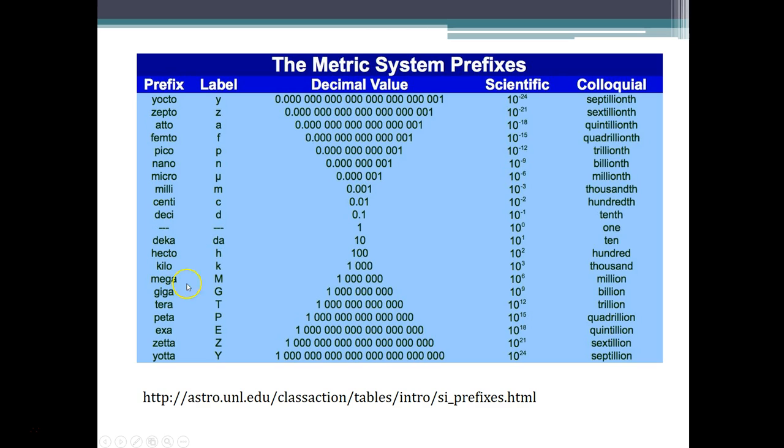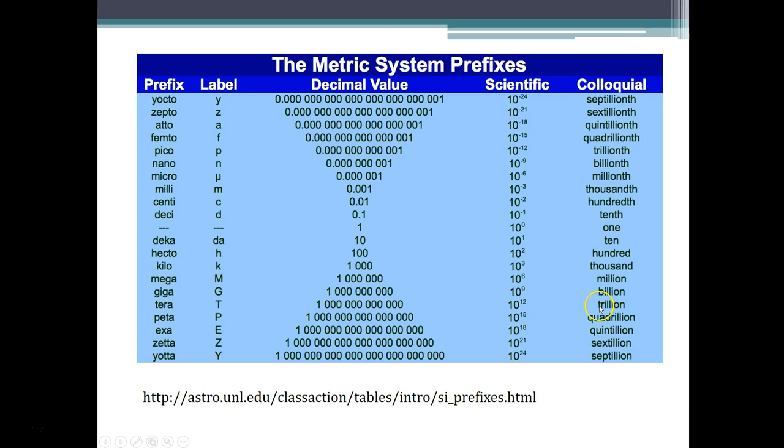But you've heard of some of these others, like when talking about computers, kilobytes, megabytes, gigabytes, terabytes. You've heard about nanotechnology, nanobots. So those prefixes all mean something. Like nano is a billionth. It's a fraction, one billionth. Or now you have these computer drives that are terabytes.